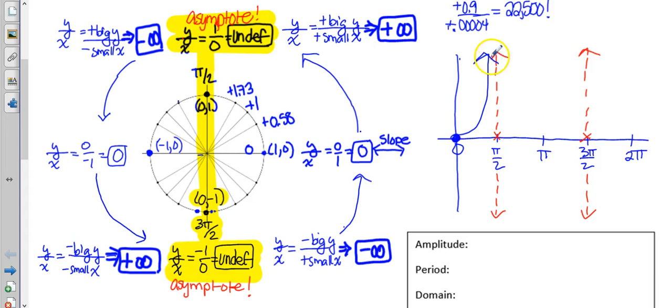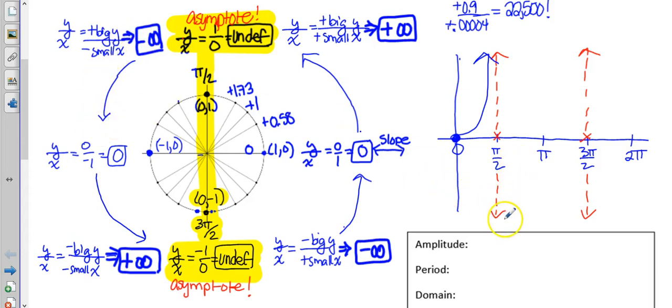As we travel around the unit circle, we pass pi over 2, and what happened? As soon as we crossed over pi over 2, right after it, notice where tangent goes. Tangent is at negative infinity and approaches 0. Let me say that again. Right after pi over 2, tangent is coming from negative infinity to 0.